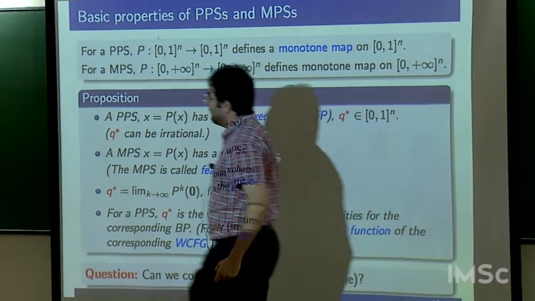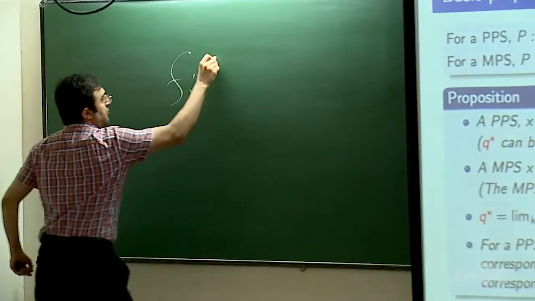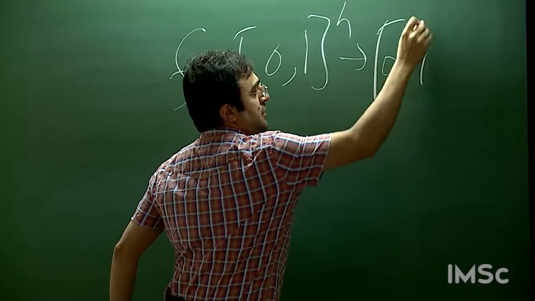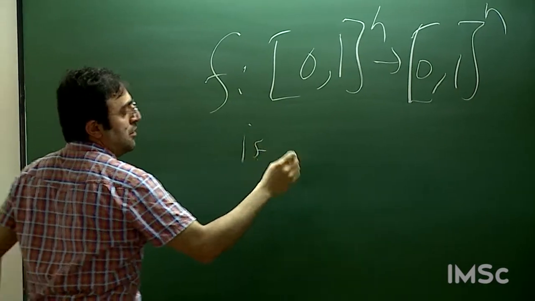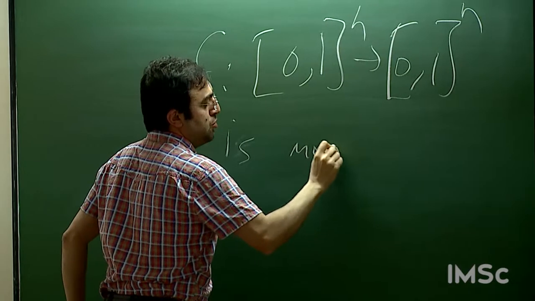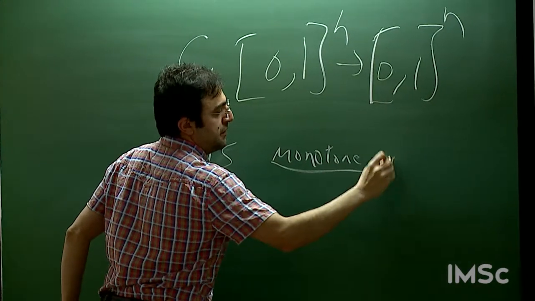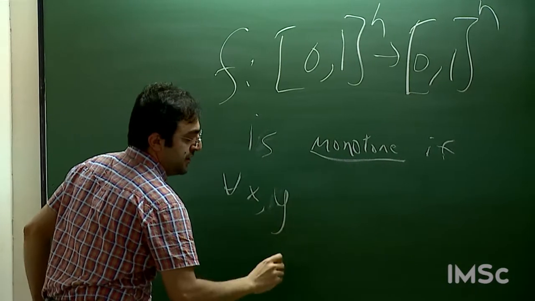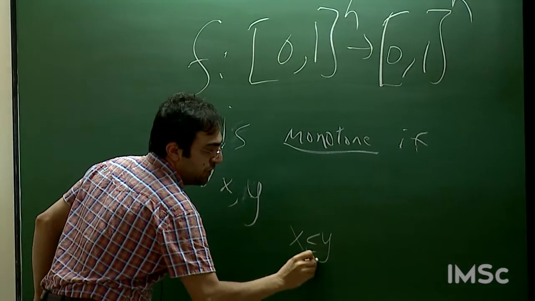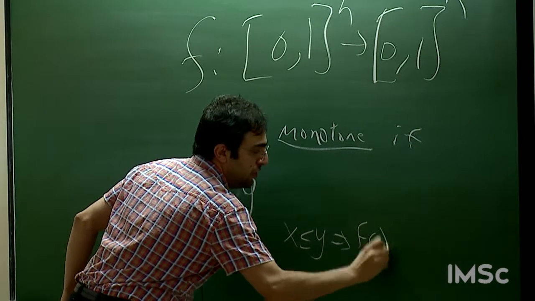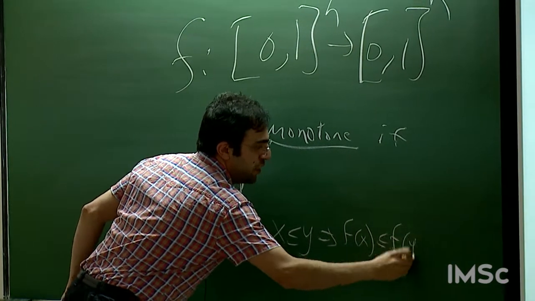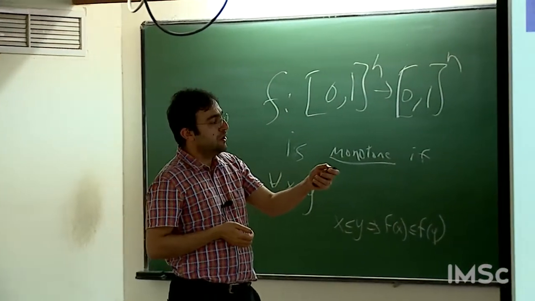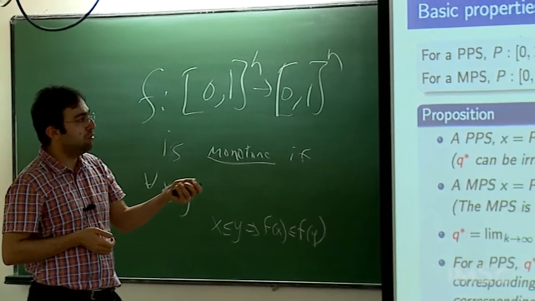A monotone map f from the unit n-cube to itself is monotone if for all x, y, x coordinate-wise less than or equal to y implies f of x coordinate-wise less than or equal to f of y. Okay? So just in case somebody's not familiar with that. So these define monotone maps.